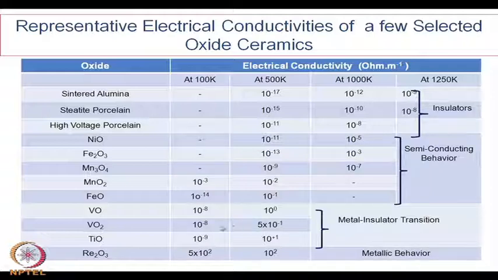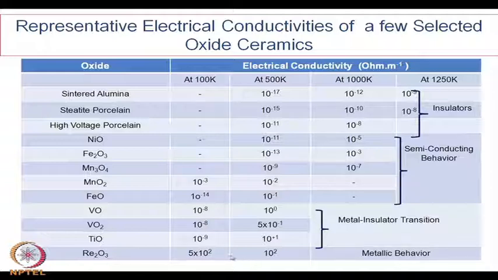Same is the case here. You will also find a huge change between 100 and 500 degrees, and there is a sudden sharp change in the conduction mechanism, and also there is a phase transition. Compared to all of them, here is a material, rhenium oxide, Re2O3.